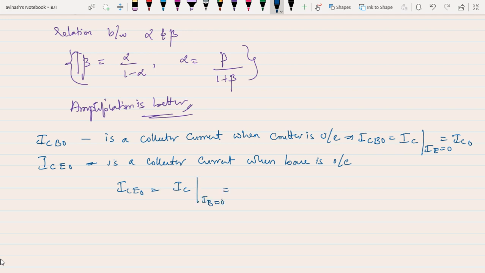That implies 1 plus beta into IC naught, which is nothing but IC naught by 1 minus alpha. Substitute these values, IB equal to 0 and IE equal to 0, in equation number 5.